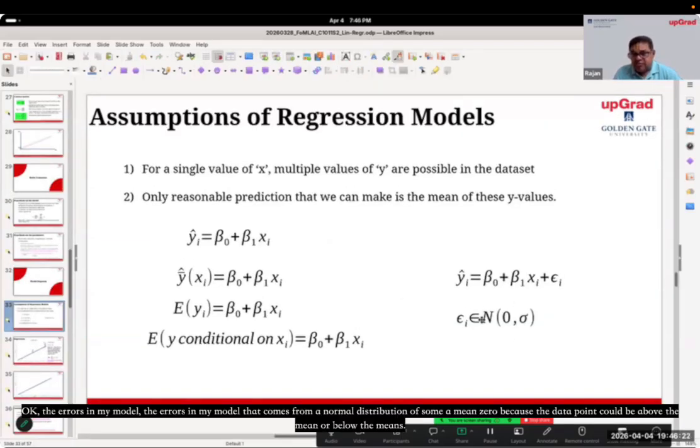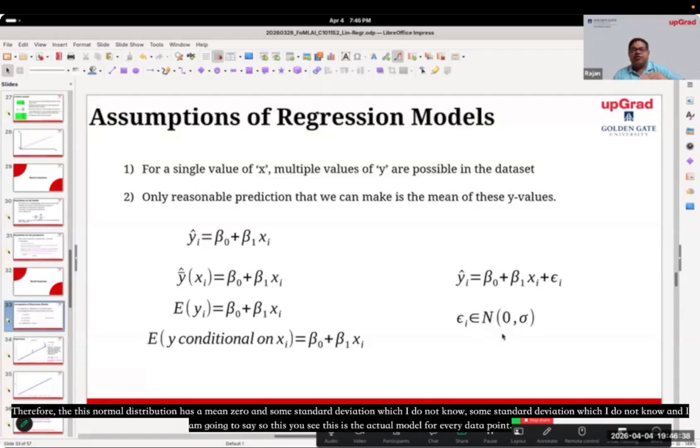The errors in my model come from a normal distribution with mean 0, because the data point could be above the mean or below the mean. Therefore, this normal distribution has a mean 0 and some standard deviation which I do not know.